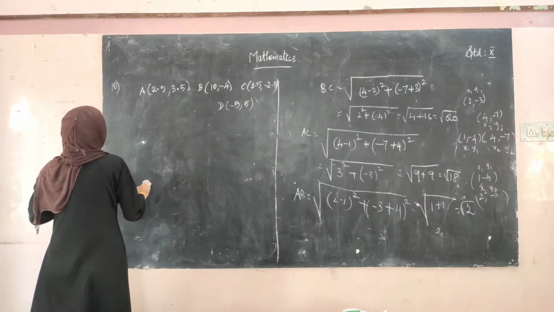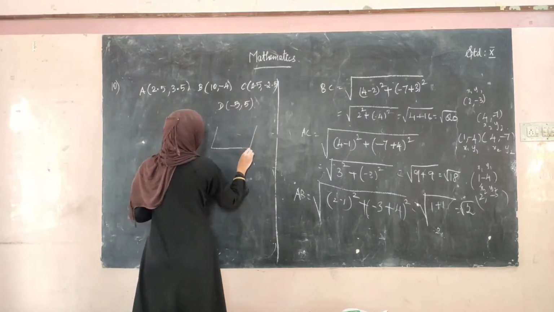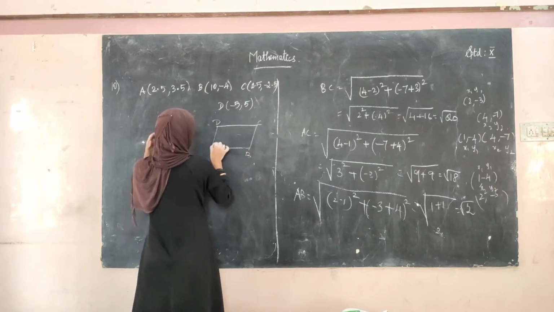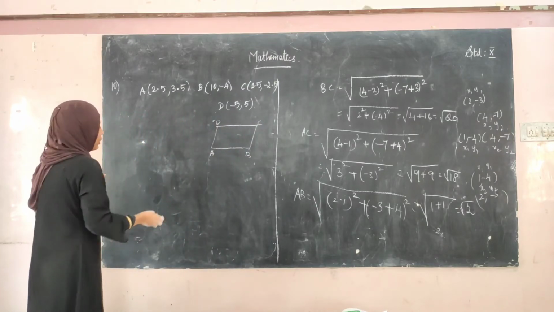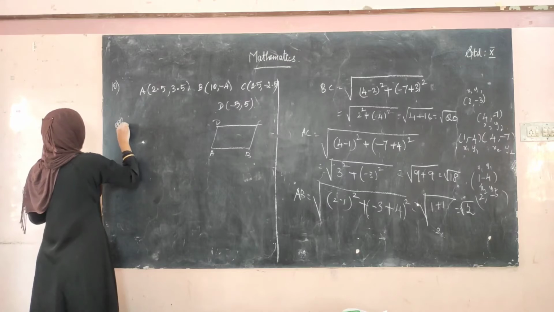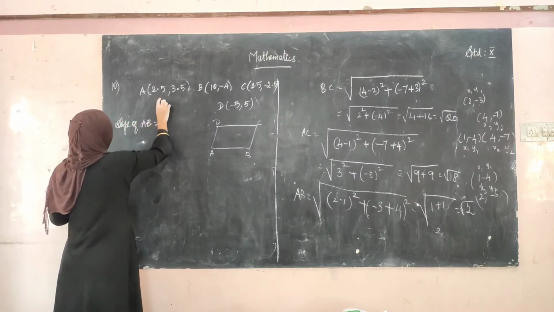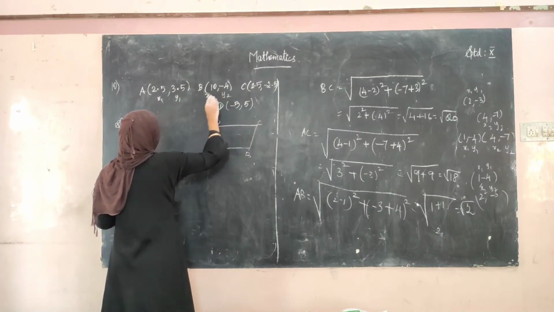So first let us find. For rough, let us take this A, B, C, D. So A, B, B, C, C, D and A, D. So first let us find slope of A, B. A, B, x1, y1, x2, y2.